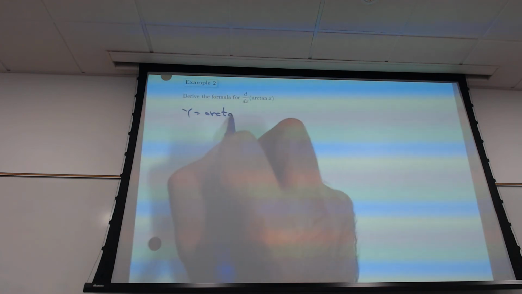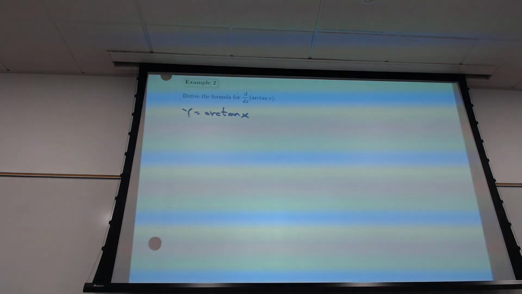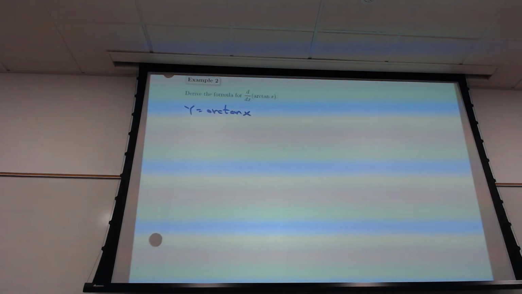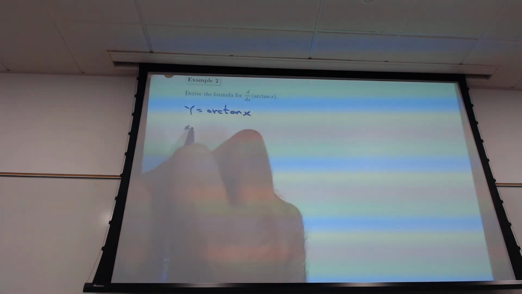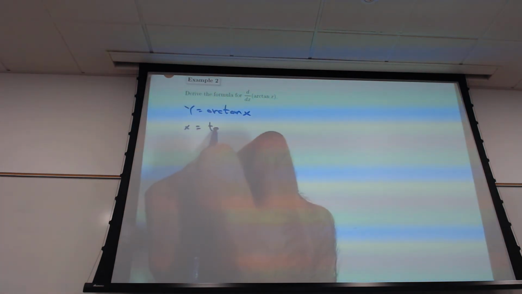All right, so number 1, let's start with the function y equals arctan x. We went over all of this about finding inverse functions, so that's what we're going to do. We're going to take tangent on both sides to get x equals tangent of y.